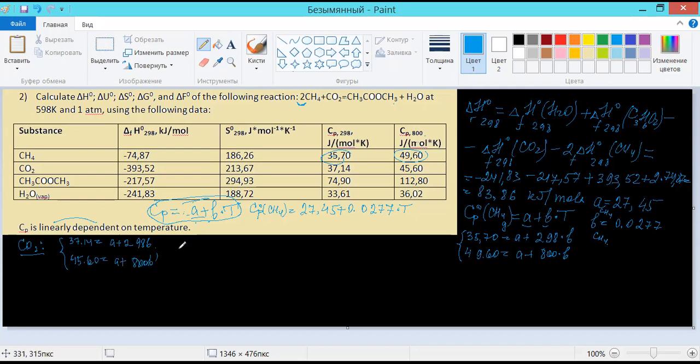So finally, for carbon dioxide heat capacity, we've got the following equation: 32.12 plus 0.169 times T. Likewise, we've got the heat capacity of that organic substance. Oh, I'm sorry, it should be only one O.